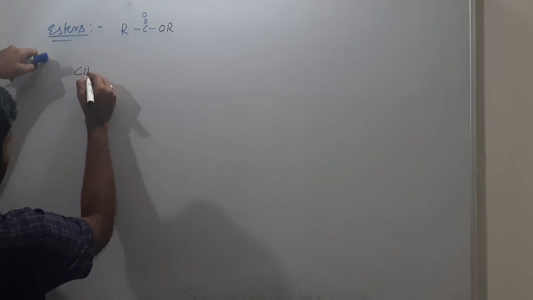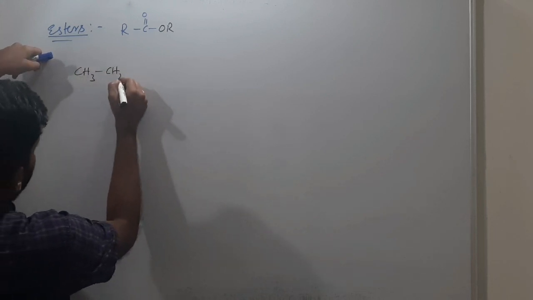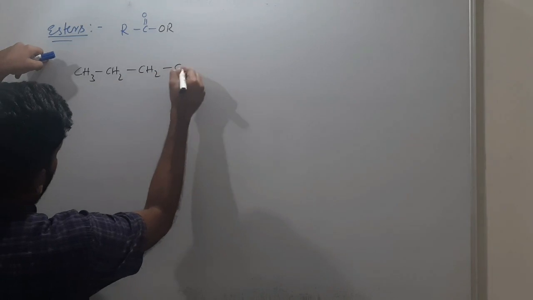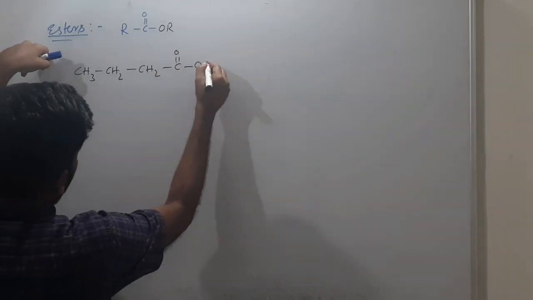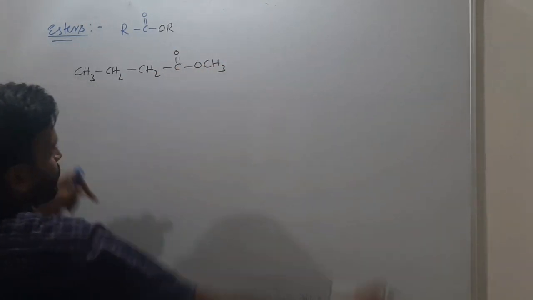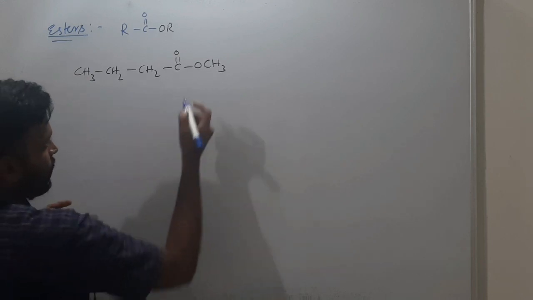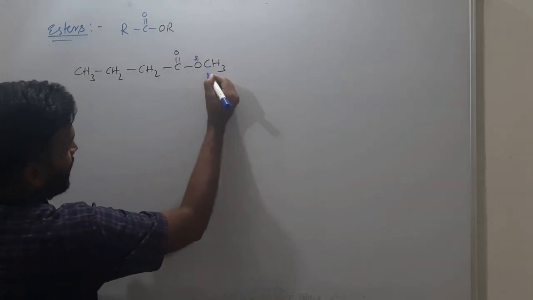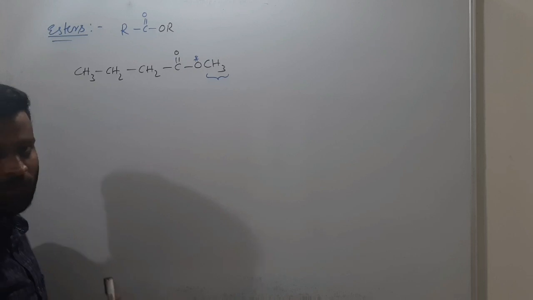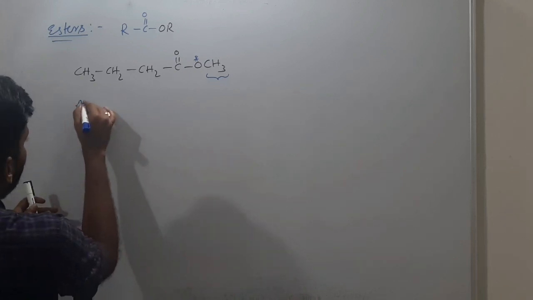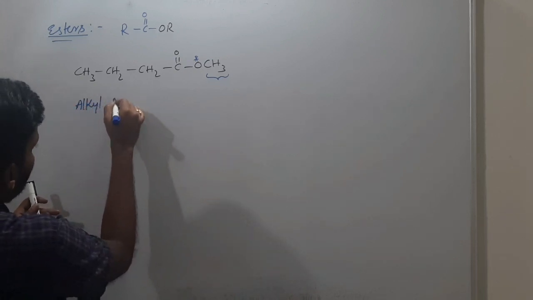Suppose here you have CH3, CH2, CH2 and C double bond O, then CH3 or C2H5. For the oxygen, whatever alkyl group you have, you have to write that first.